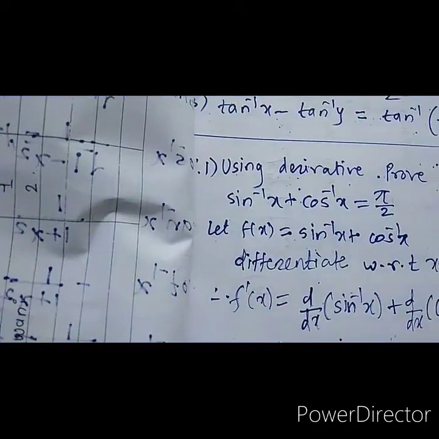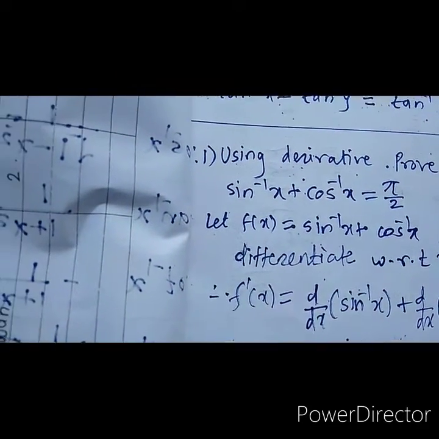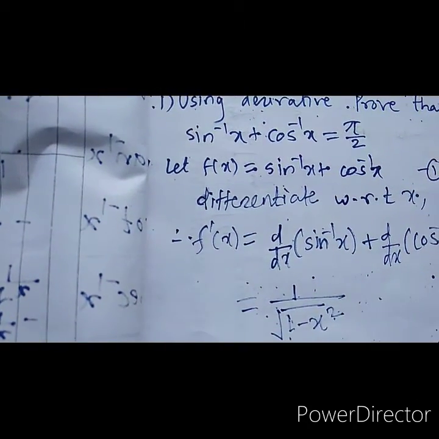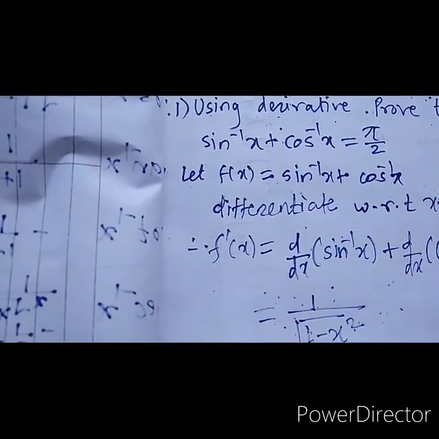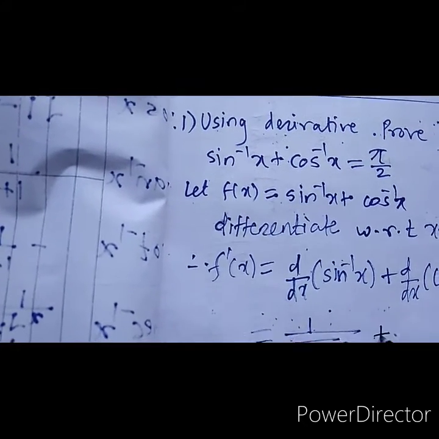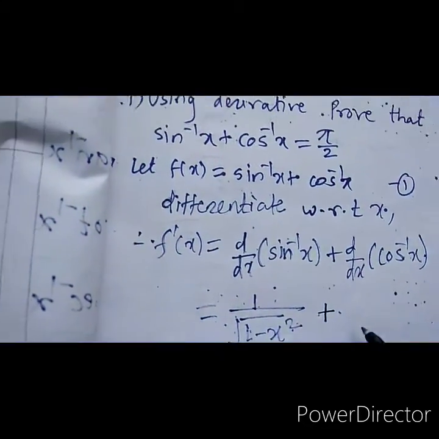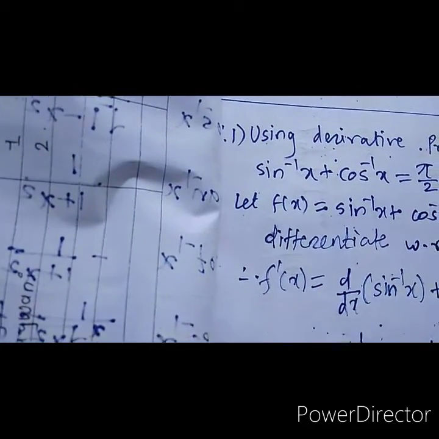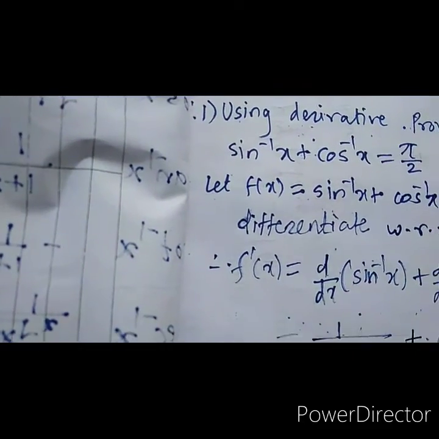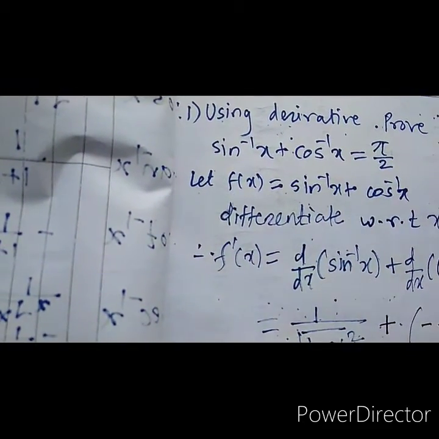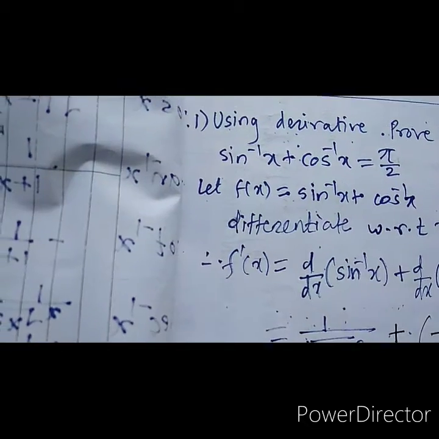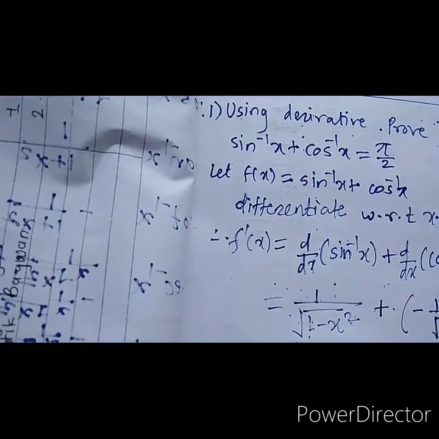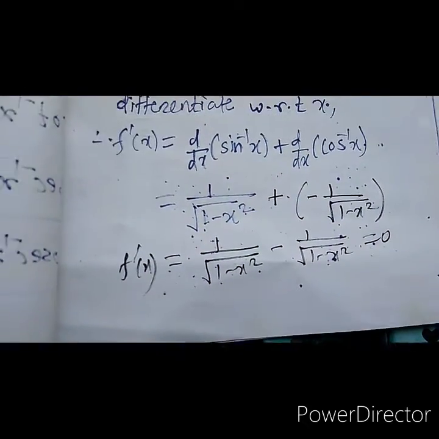But we know that the derivative of sine inverse x is 1 upon root 1 minus x square. Similarly, the derivative of cos inverse of x is minus 1 upon root 1 minus x square. So it means 1 upon root 1 minus x square minus 1 upon root 1 minus x square is equal to 0. Therefore f dash of x is equal to 0.